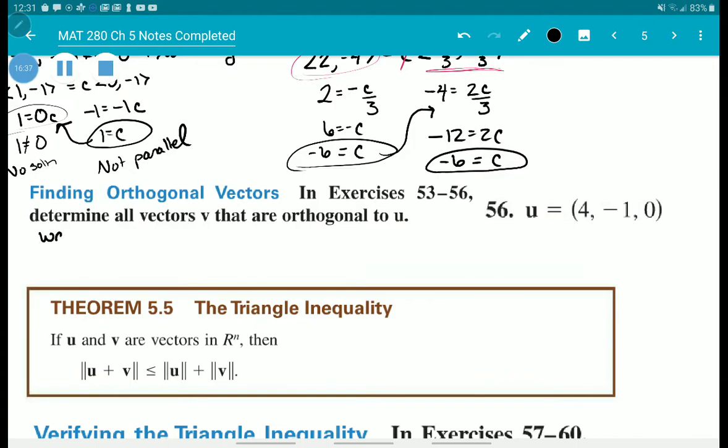So we want u dotted with some vector v to be equal to 0. So let's set up a system of equations. So we need vector u dotted with v1, v2, v3 to be equal to 0.